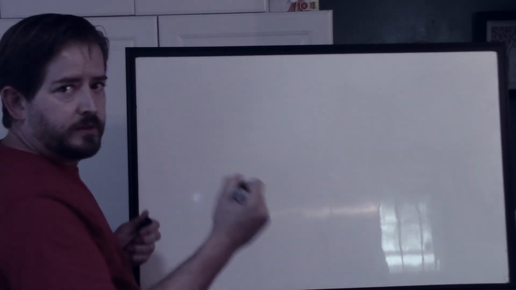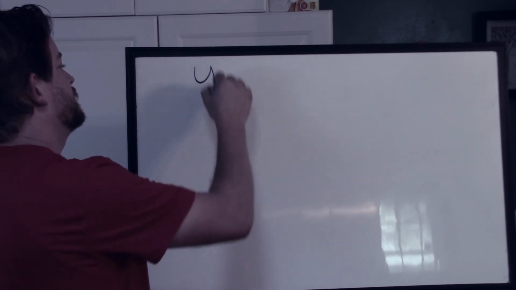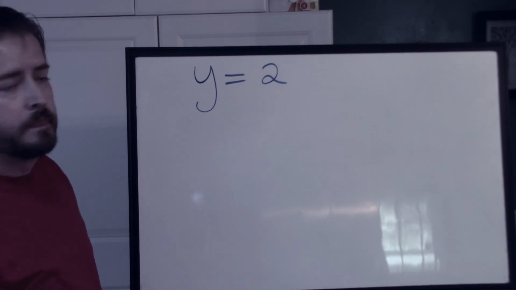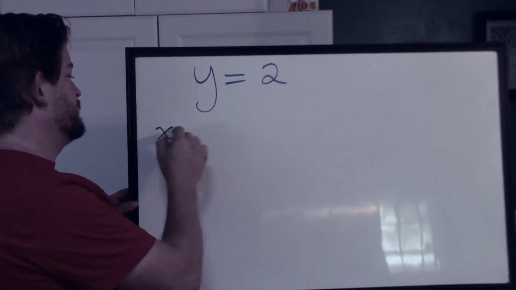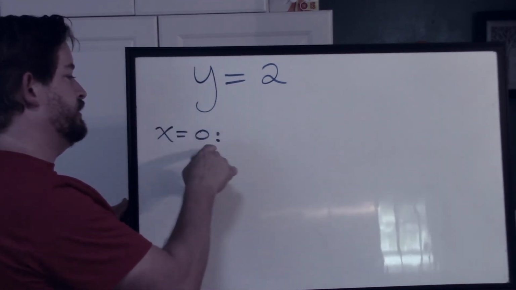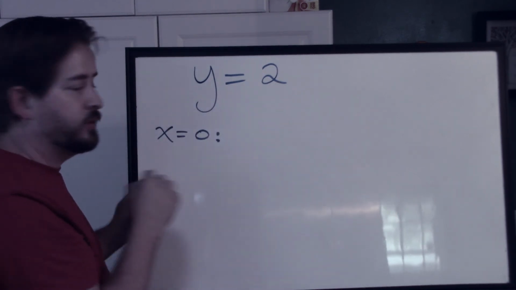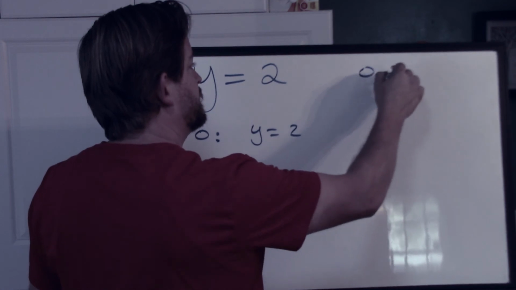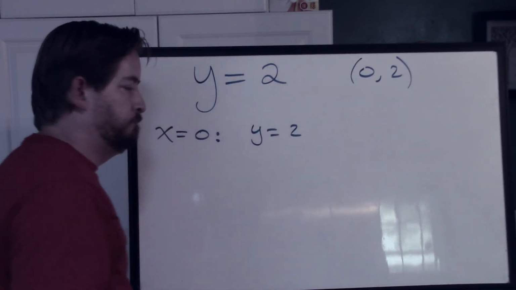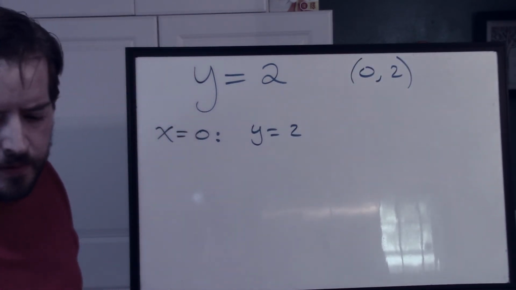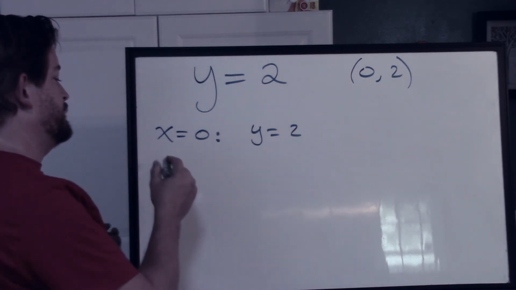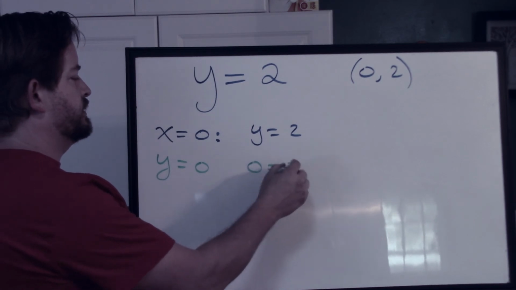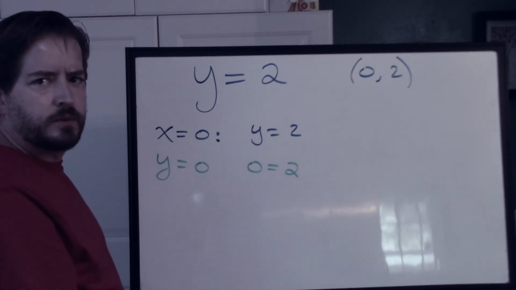We might have something that looks like this though: y equals 2. Here I can ask what happens when x is equal to 0. Who cares, because x isn't in this equation. Y is equal to 2, that gives me the point (0, 2). But if I say, what happens when y is equal to 0? I get 0 equals 2. Well, that can't be.